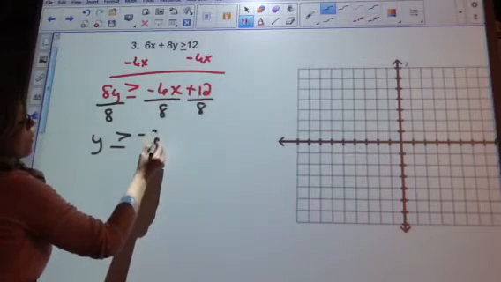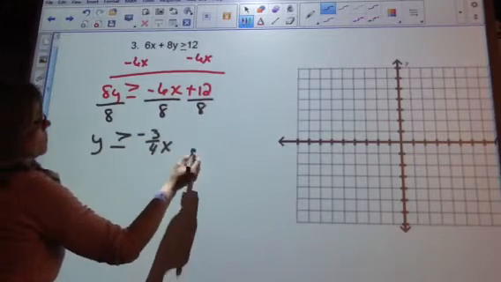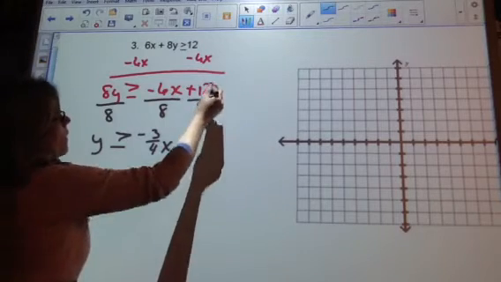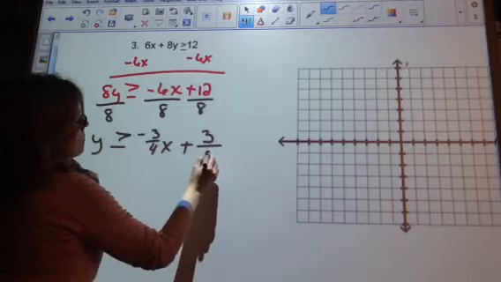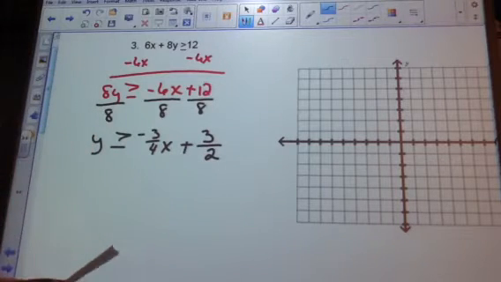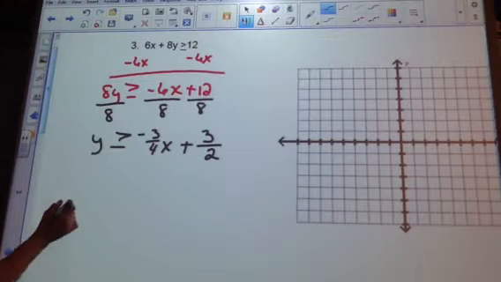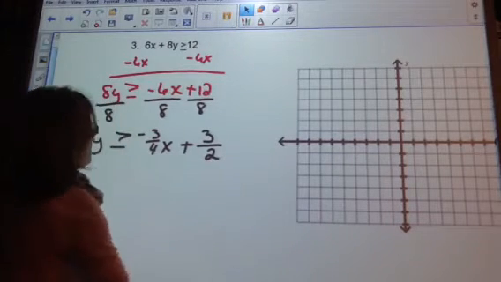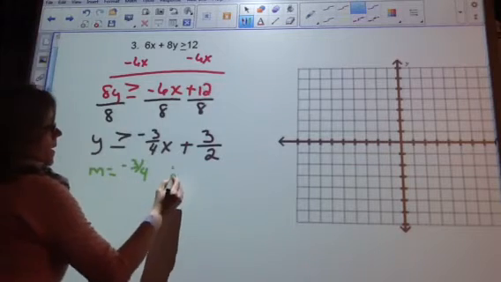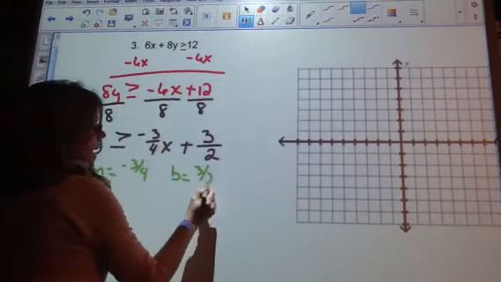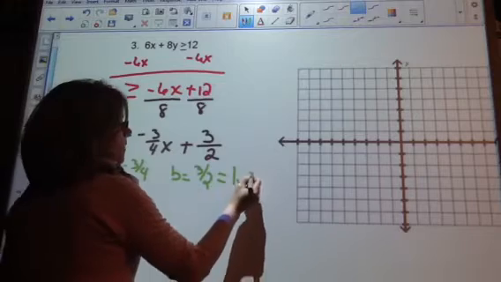Divide these by 2. Divide by 4. Okay, so my slope is -3/4, and my y-intercept is 3/2, which is equivalent to 1.5.